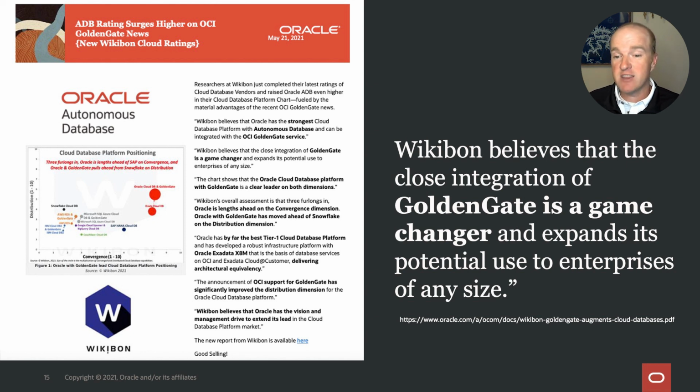So really the fact that we're able to expand, and as Wikibon called this, a game changer, because we can expand use of OCI GoldenGate to enterprises of any size. So not just very large enterprises, but small and medium size. Now they have the affordability and the ease of use, so they don't have to have this team of DBAs that would be required with other data replication tools, but now they can use OCI GoldenGate.